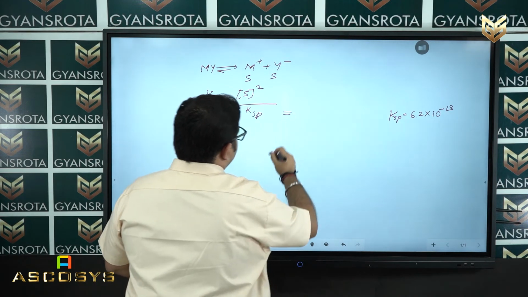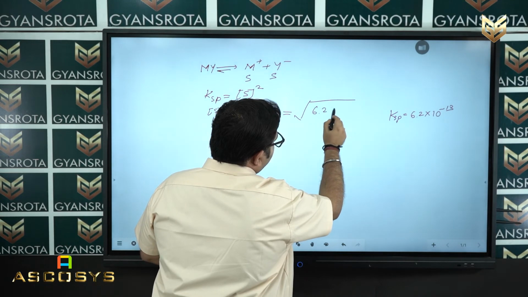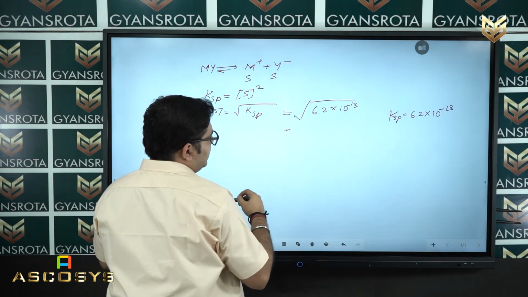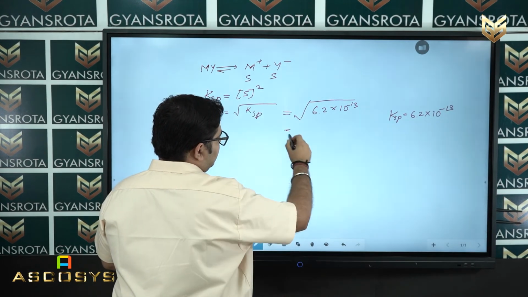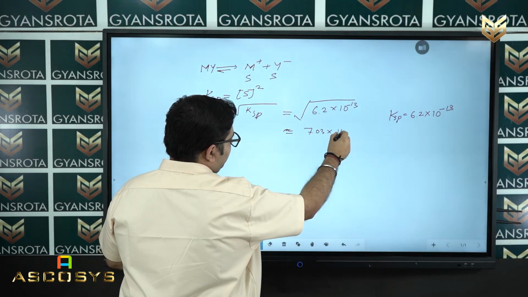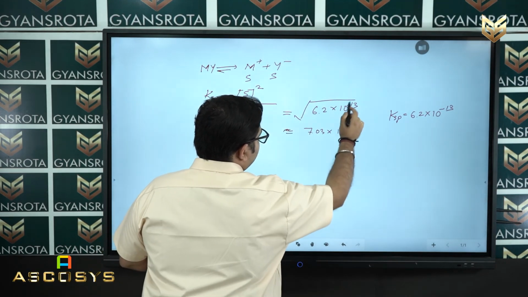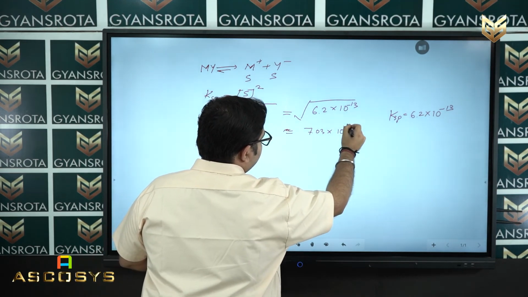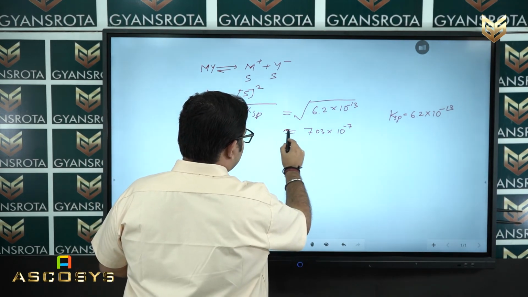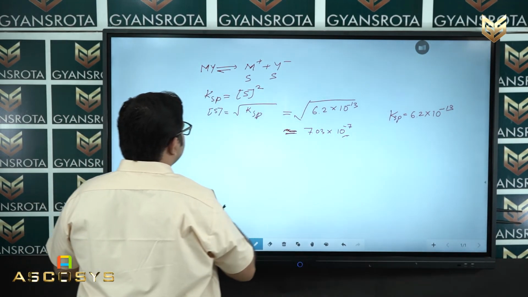If you solve this, it is approximately 7.03 × 10^-... sorry, it will be 10^-7 approximately. Please calculate at home and just check it. It is coming as approximately 10^-7.